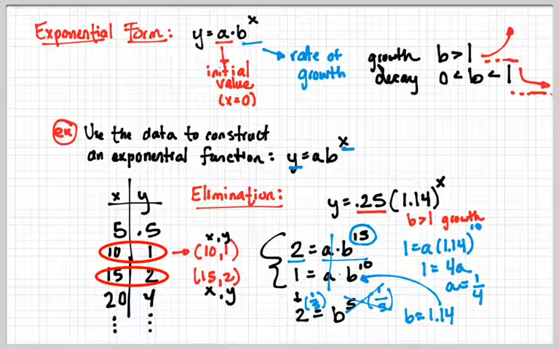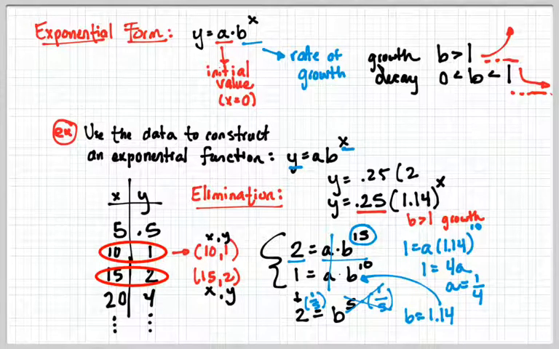If you want to write this like the half-life way of thinking about it, your a value will stay the same, and then this value inside will just be 2 to the 1/5 power, 1/5 x, which is the same function, though it looks different.